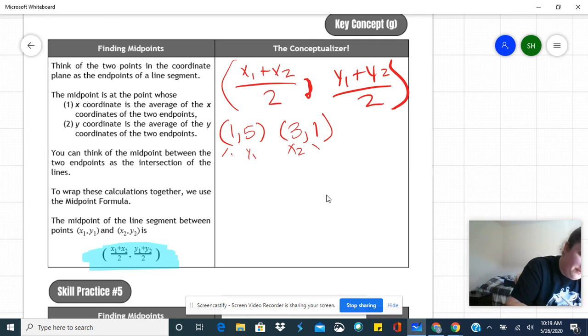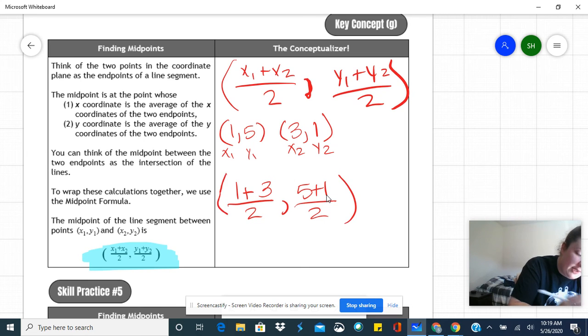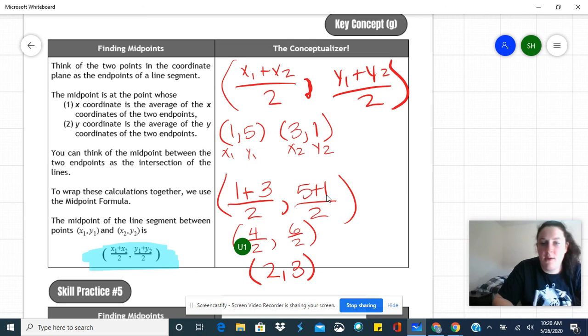Fill in your formula. 1 plus 3 divided by 2, comma, 5 plus 1 divided by 2. And then this whole thing is your point. 1 plus 3 is 4. 4 divided by 2. 5 plus 1 is 6. 6 divided by 2. Your midpoint is 2, comma, 3.